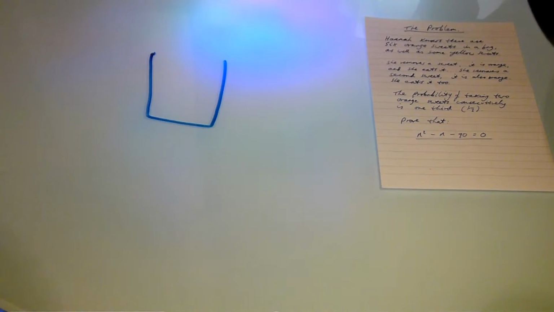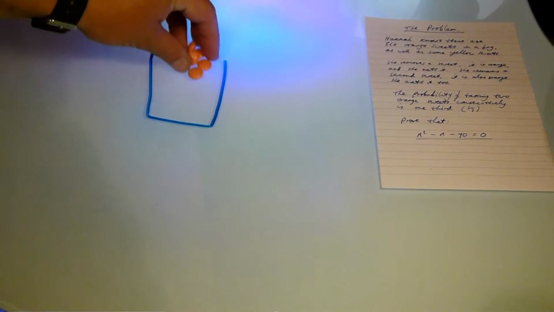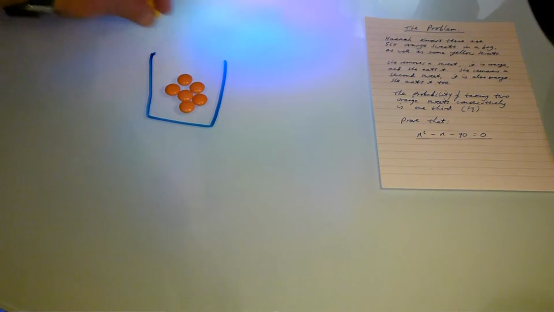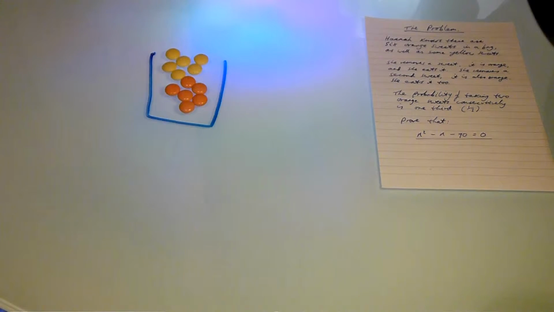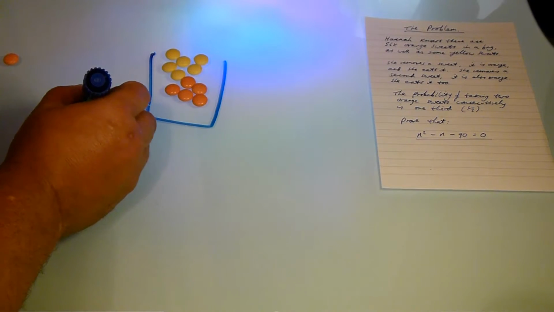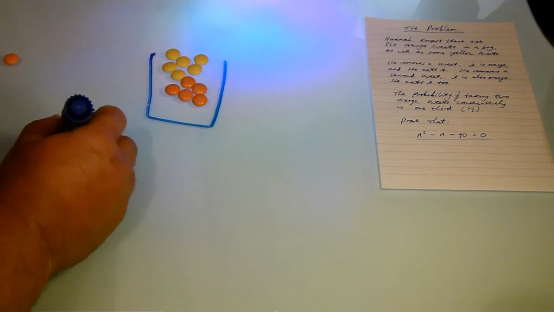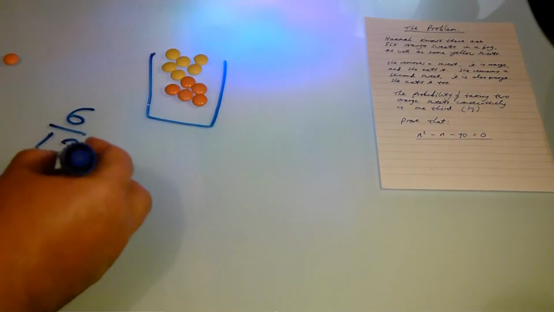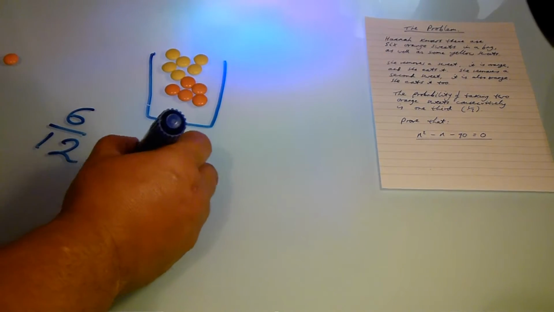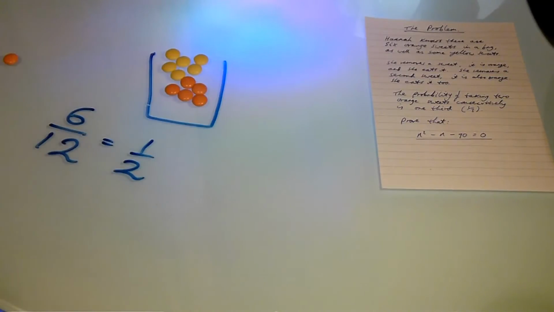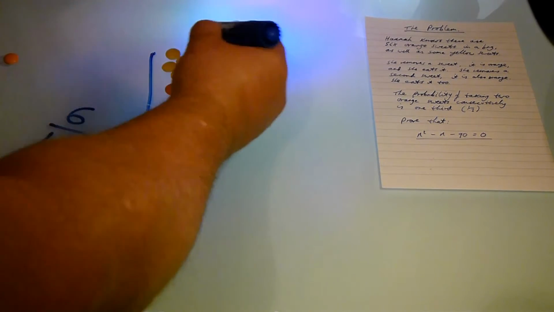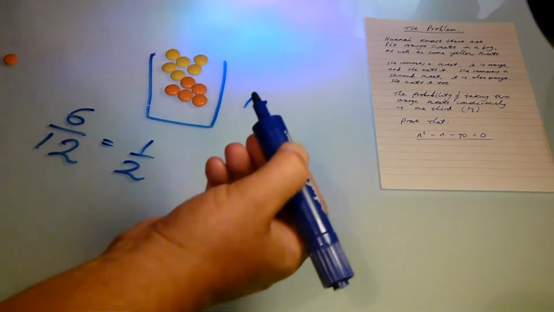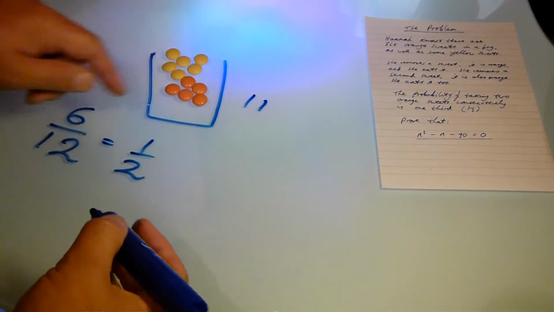Let's for a minute assume we do know how many there are. We know there are 6 orange, and let's assume that there are 6 yellow. We take out 1, it's orange. The probability of that was 6 out of 12, which also equals a half. And now we're going to take out a second one, which we now have 11 in the box, and we only have 5 orange.